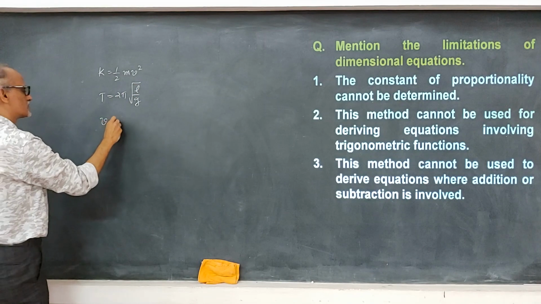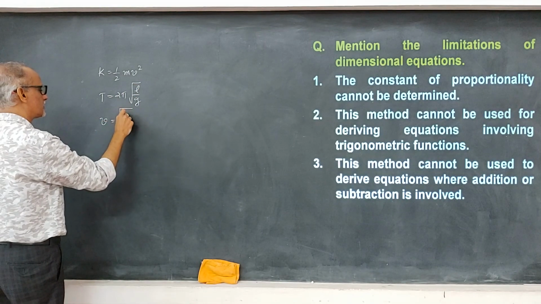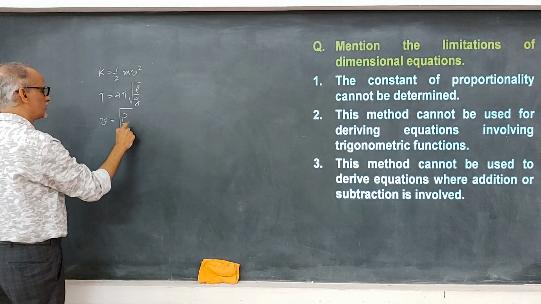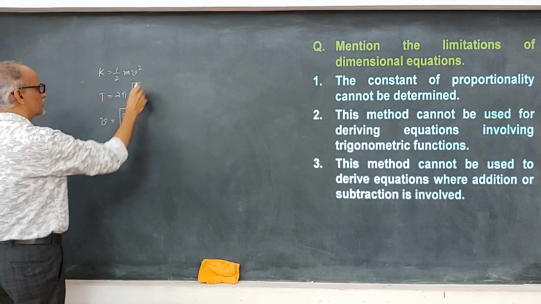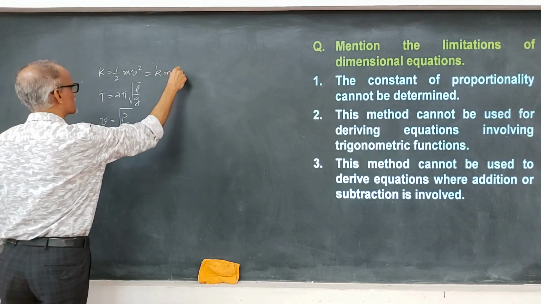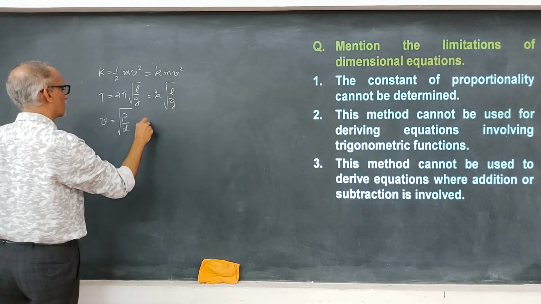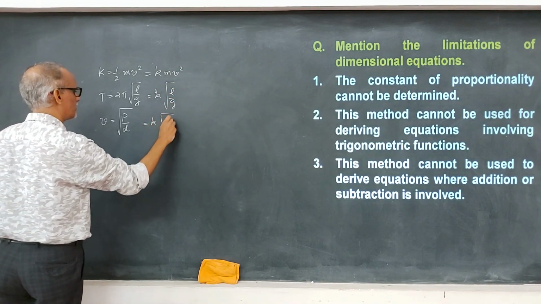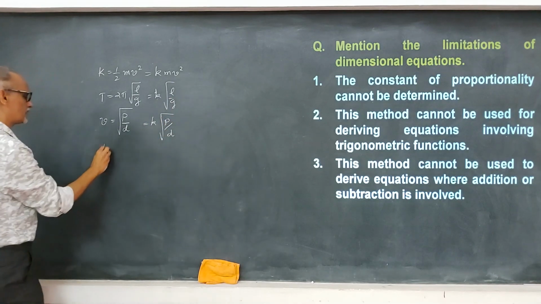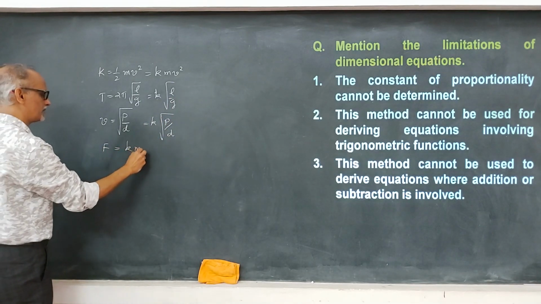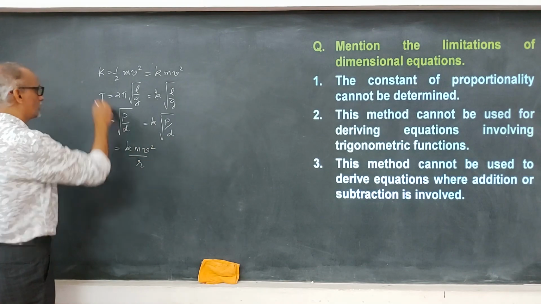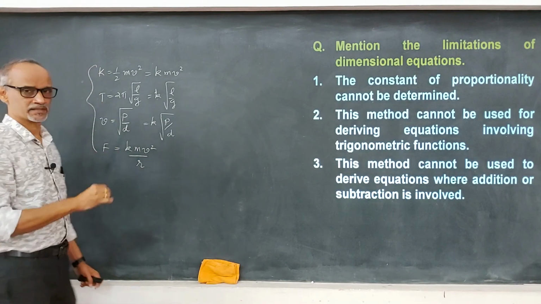Then we derived today V is equal to root of P by D with a constant K. What we have derived is K mv square, K into root of L by G, then K into root of P by D. We have derived even F is equal to K into mv square by R. All these equations we have derived, correct?